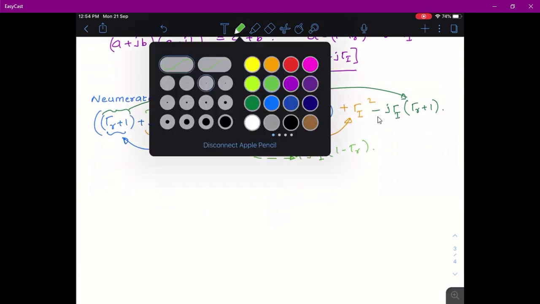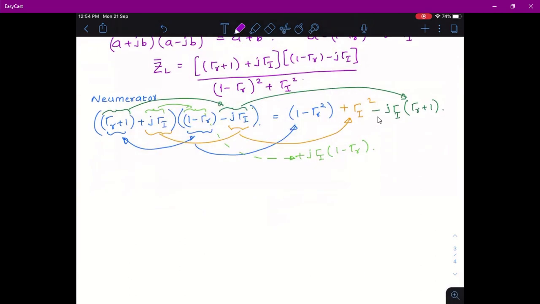Okay. So I can expand it again, saying that this is equal to 1 minus tau r square plus tau I square minus j tau I tau r minus j tau I plus j tau I minus j tau I tau r.